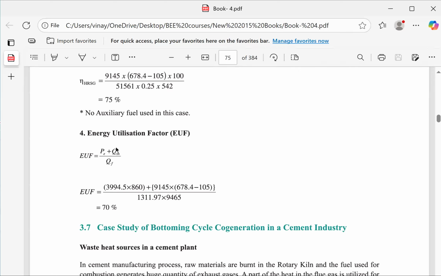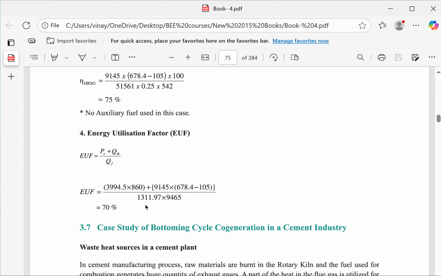Steam is already in the terms of kilocalories per kg. So you convert this power electrical into kilocalories per kg and divide it by the QF.